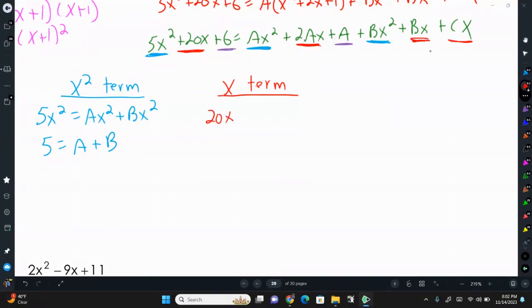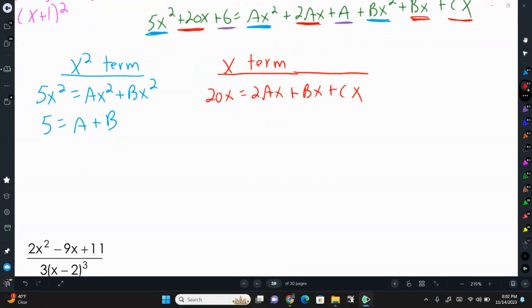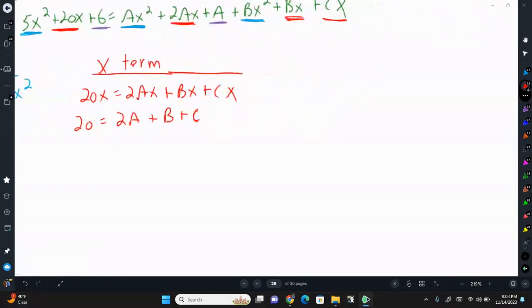So 20x equals 2ax plus bx plus cx. So that means 20 must equal 2a plus b plus c. And then we have the constant term, where 6 has to equal a. Well, that tells us exactly that a is going to be 6.